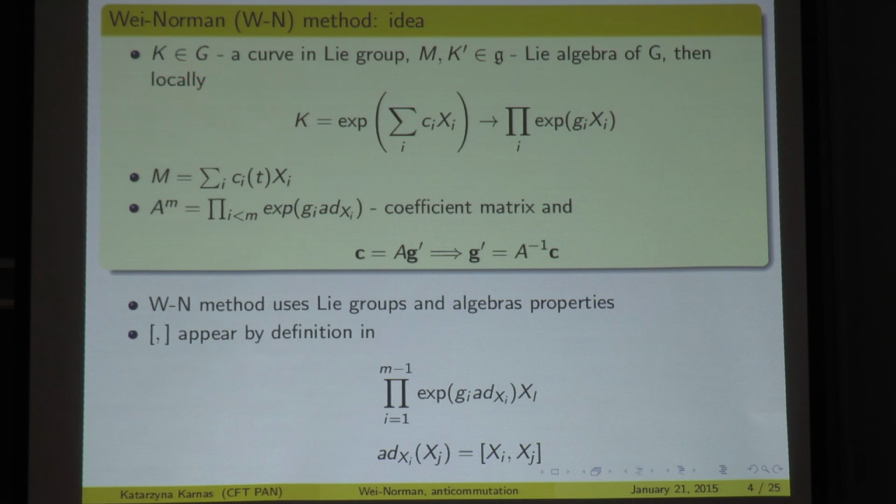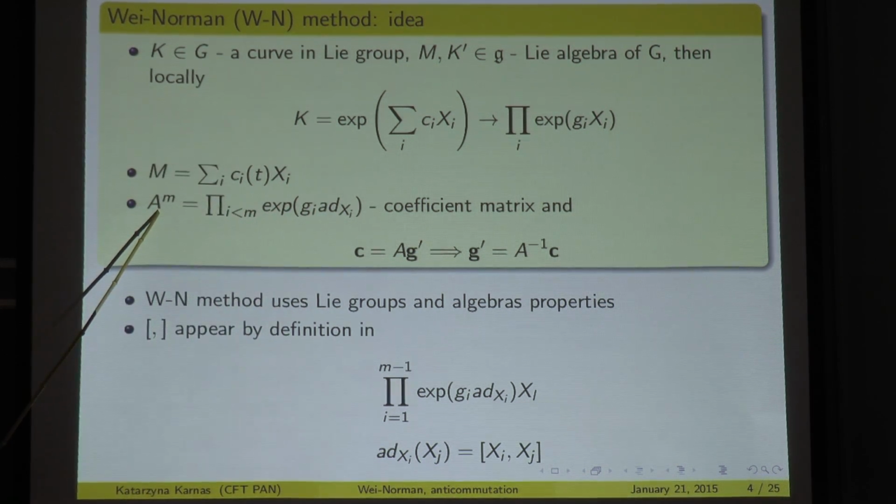Then Wei-Norman proved that if K is described as an exponential function of a sum, it could be transformed into the product of exponentials where the coefficients C and G are connected with each other by this matrix equation.